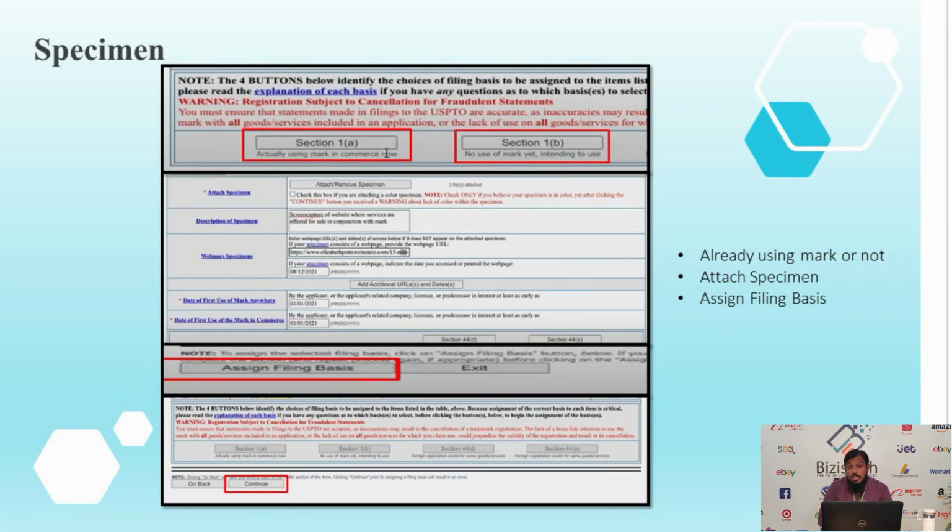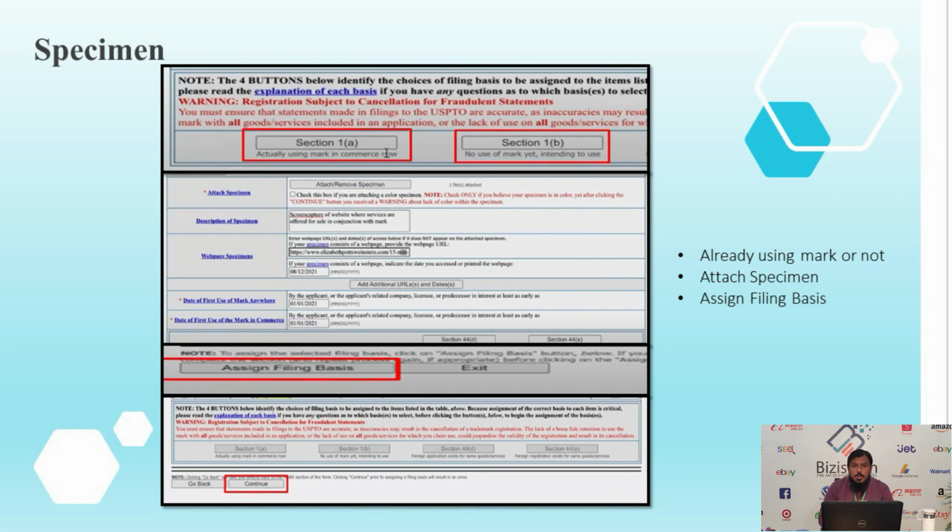The next step is for uploading a specimen. There are two different situations. One situation is that you are already using that mark on an e-commerce platform, or the second situation is that you are not already using the mark and you are going to start for the first time. Basically this website is dynamic.